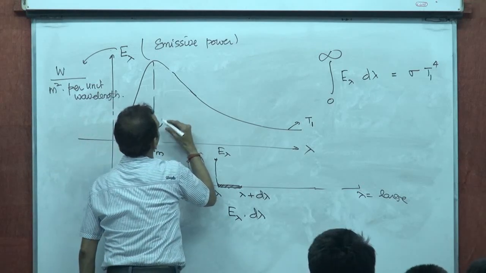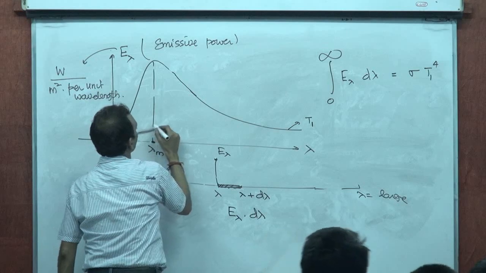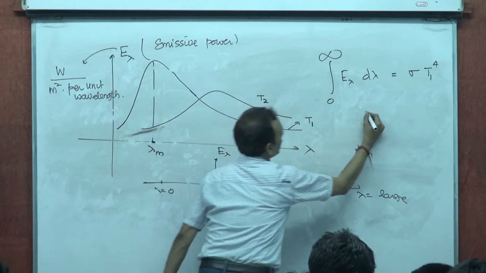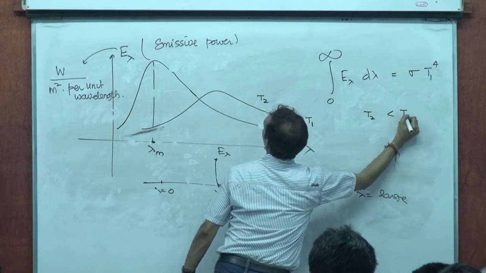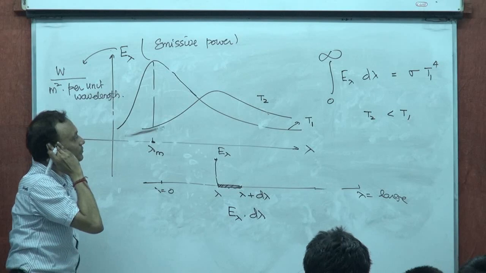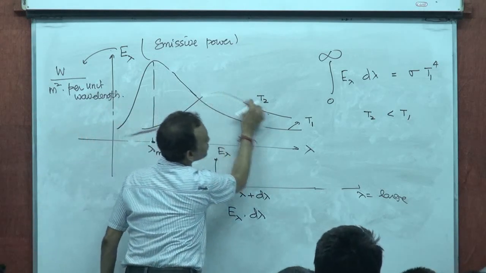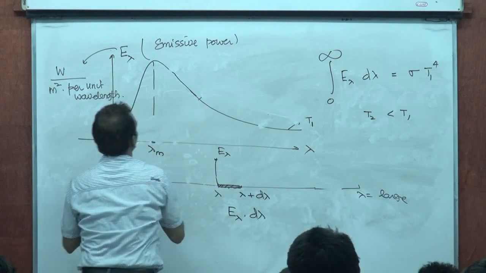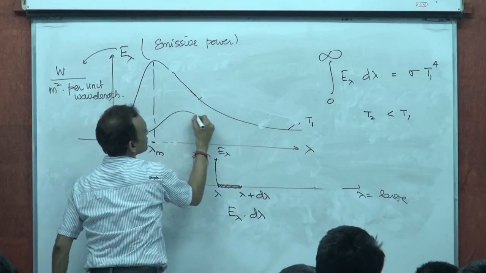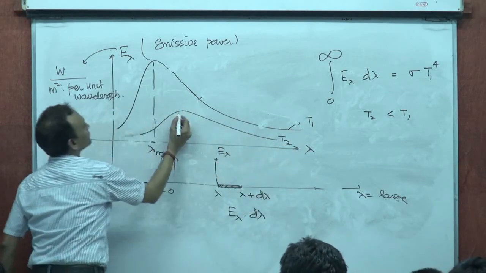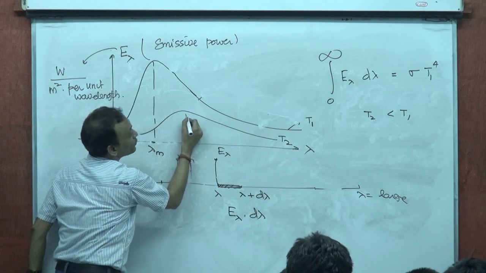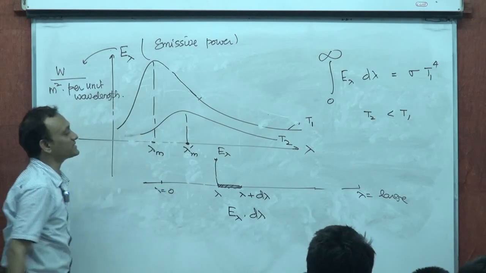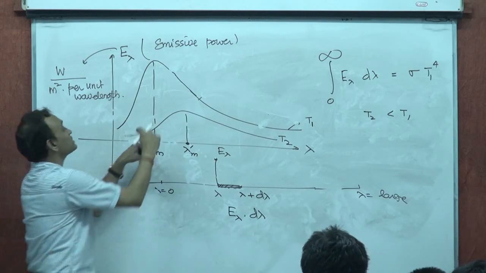then the variation could be this. This would be a lower curve for T2 less than T1. In a general sense, this is T2 less than T1, and this peaks at some lambda m prime, whereas this peaks at lambda m.